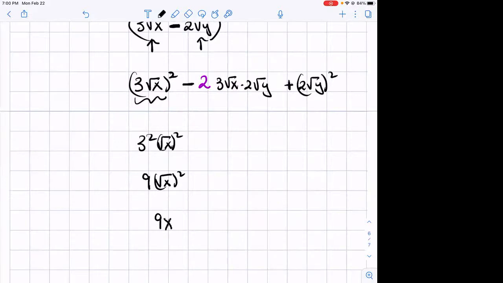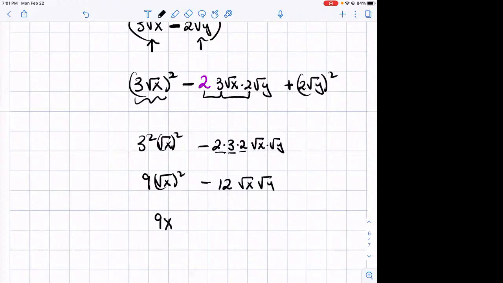Okay. If you multiply the coefficients, 2 times 3 is 6, 6 times 2 is 12. So 2 times 3 times 2, and then you have root x times root y. So this becomes 2 times 3, 6 times 2 is 12 minus root x root y, which we know is the same as minus 12 root xy.